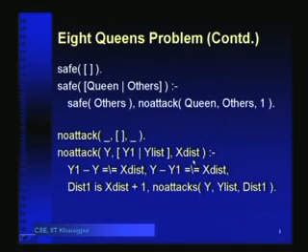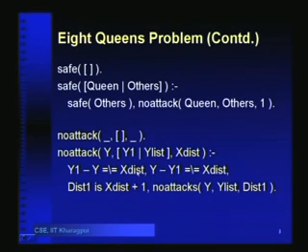So, this is the distance of the column with which we are checking conflict with the queen in the first column. So, we check y1 minus y is not equal to x dist, right, and y minus y1 is not equal to x dist.